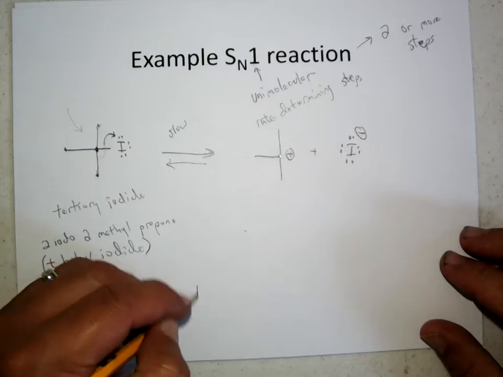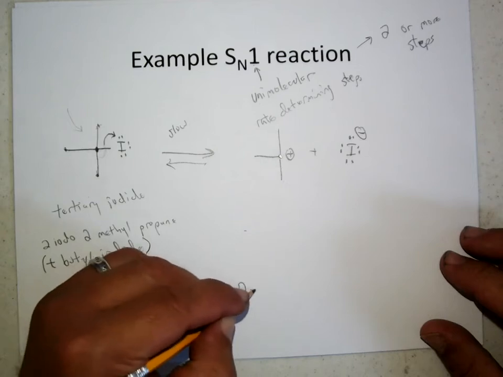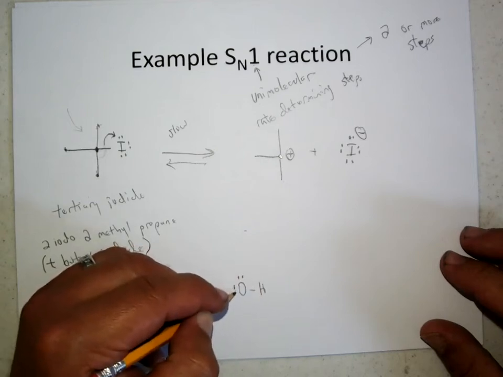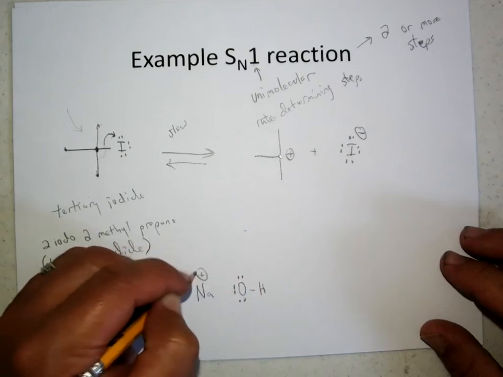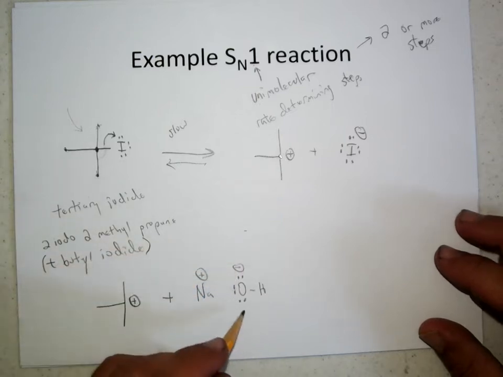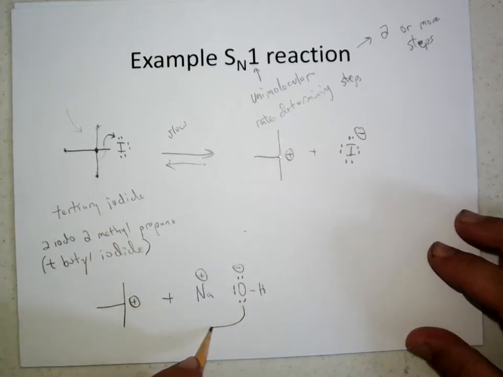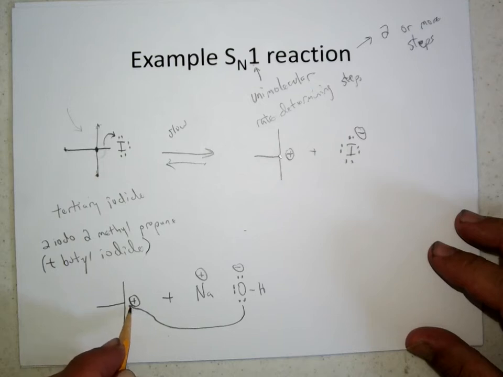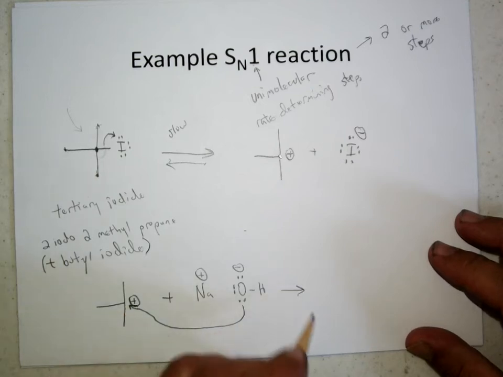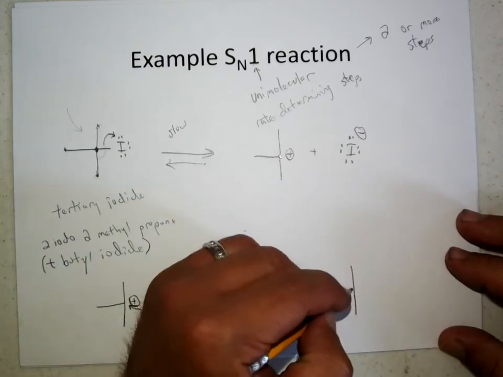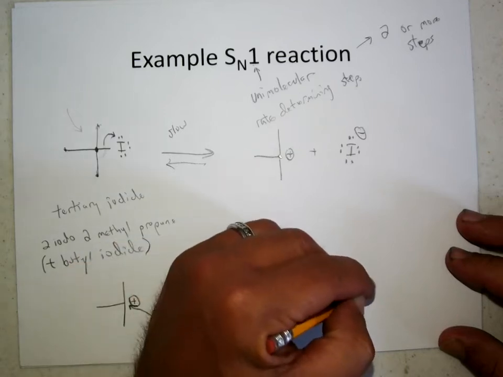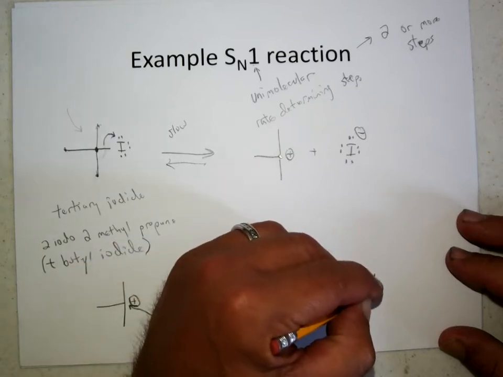But I'm going to write it out with sodium hydroxide again as just the typical nucleophile. So sodium plus, hydroxide minus. And now that you have a lone pair on the nucleophile, you can go form a bond to the carbocation, and you end up with your t-butyl alcohol.